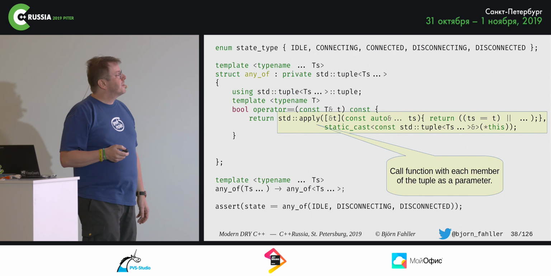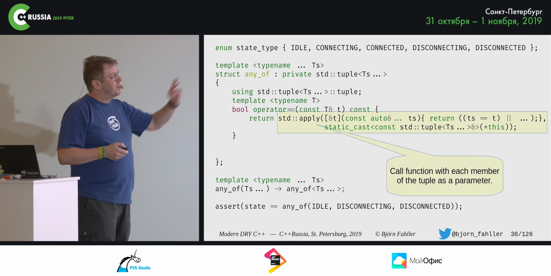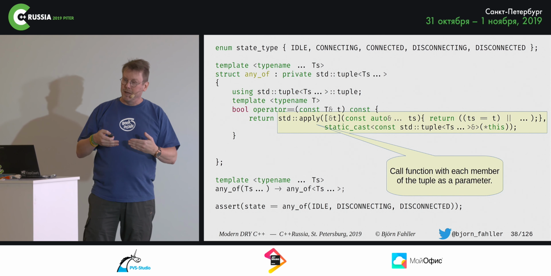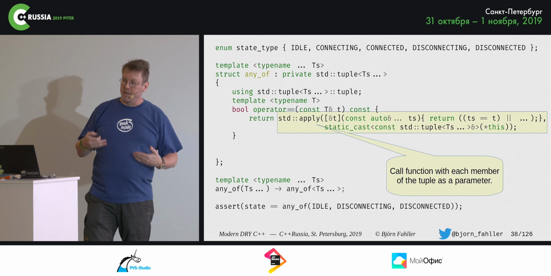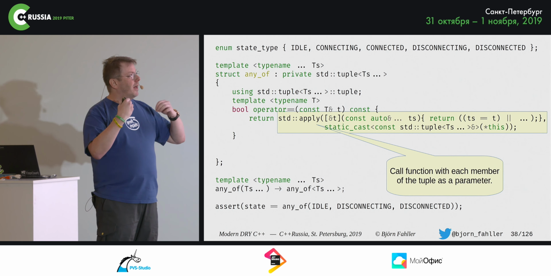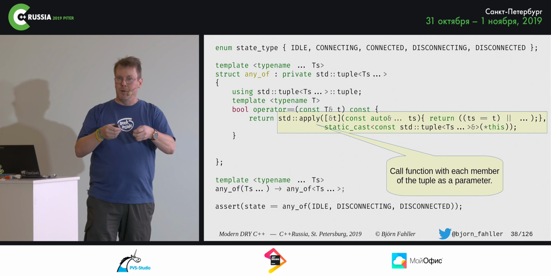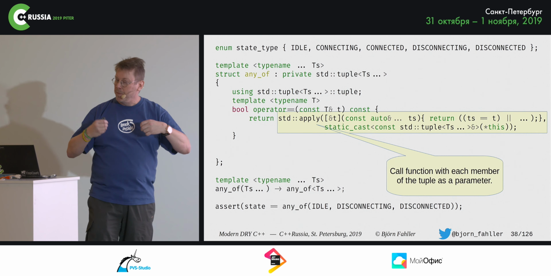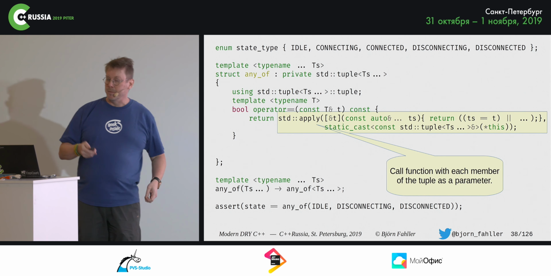And then I can use std::apply. std::apply is a real friend for when you're doing generic programming and you have parameter packs and tuples. std::apply takes something that is callable and a tuple, and it calls the callable with each of the elements of the tuple as the parameters to the call. This is absolutely awesome.